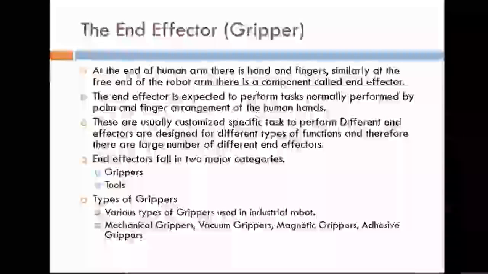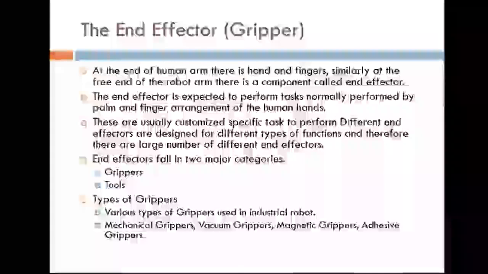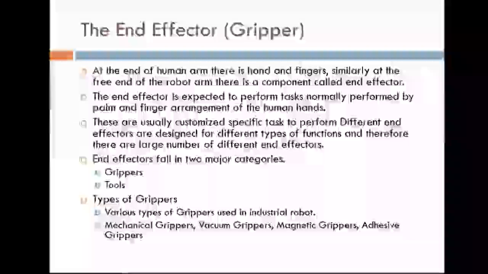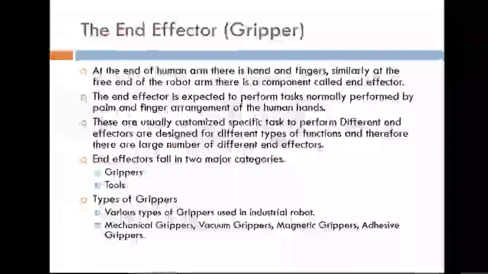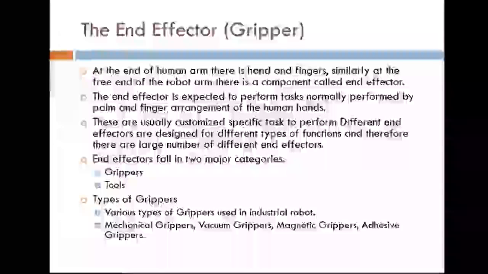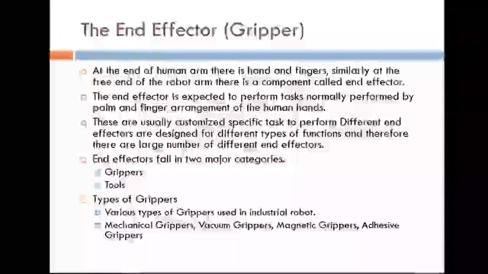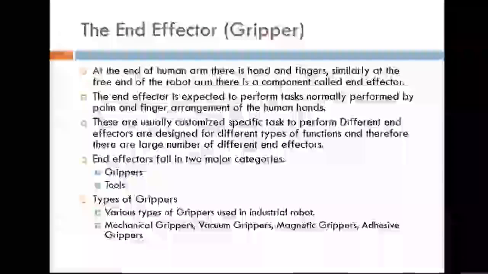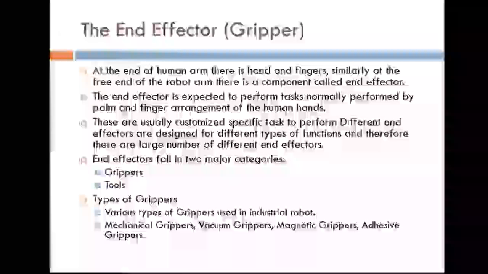Some robots are used for security, some in medical conditions, some in the army for defusing explosive materials. So for these various tasks, we need various types of gripper also.